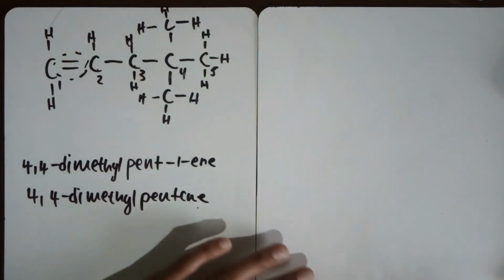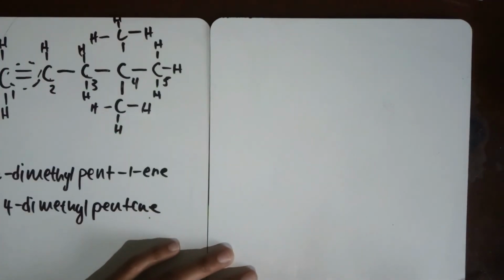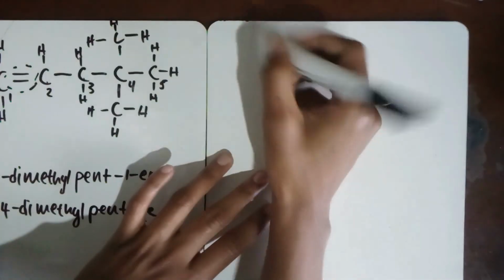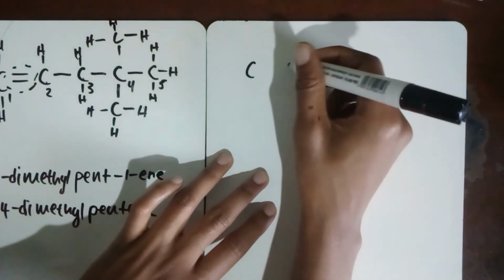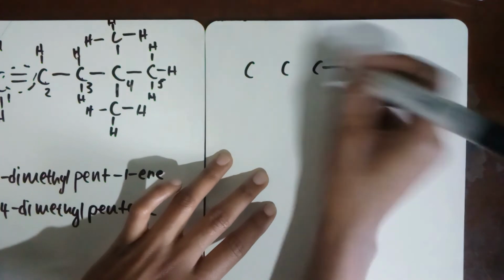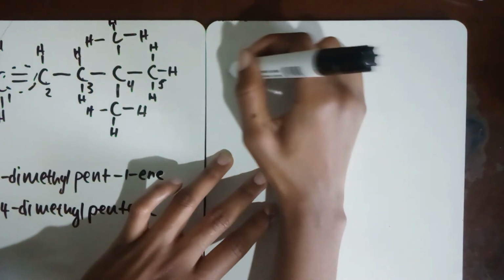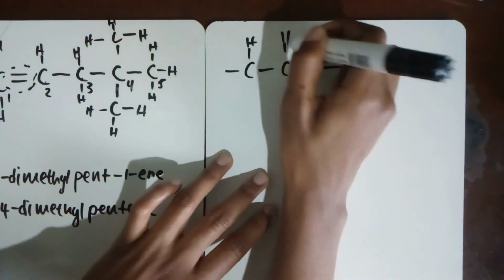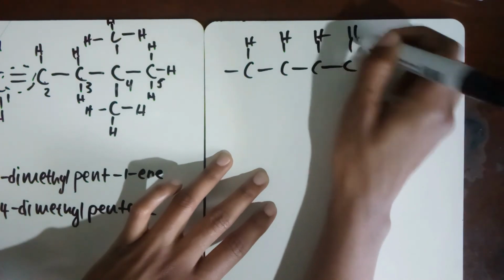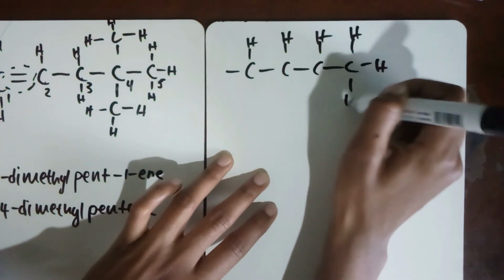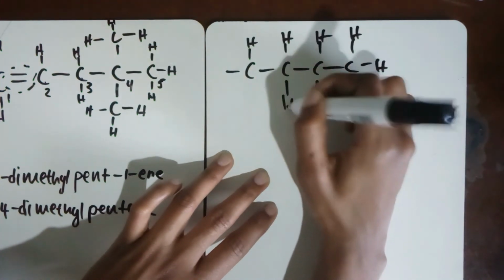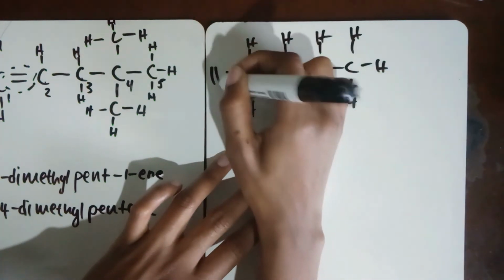So before we end this discussion, let's take a look at this example. Let's say we have butane, which looks something like this. Drawing these things is tedious, I don't want to lie.